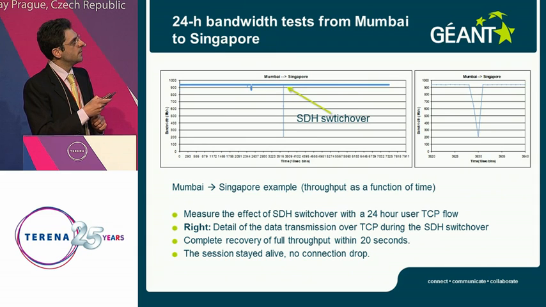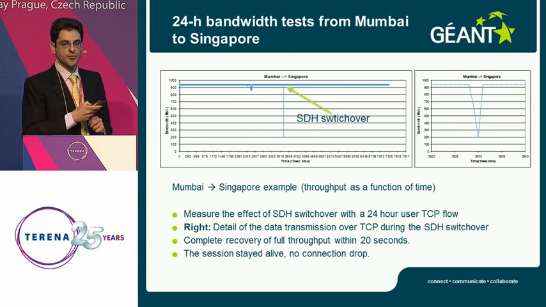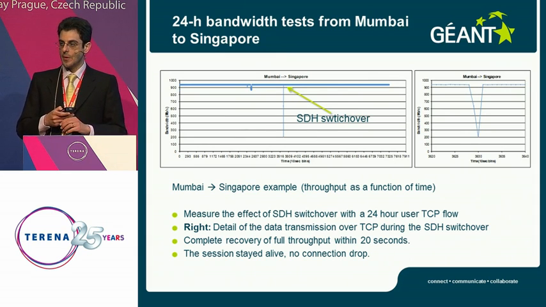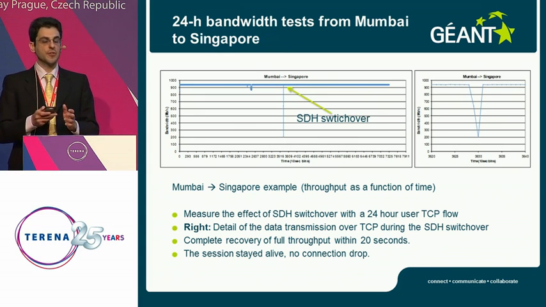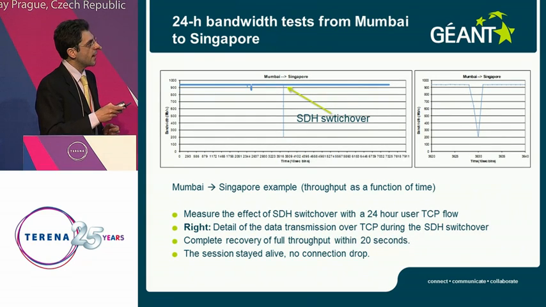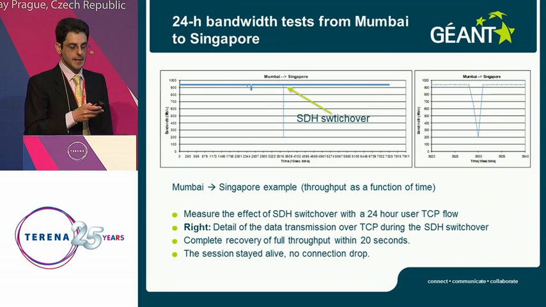So the connection was not torn down. The connection stayed alive. The TCP transmission stayed alive. The data transfer continued. The only thing that happened was that the actual bandwidth available dropped down to 200 megabit per second for 20 seconds, and then it went up again.